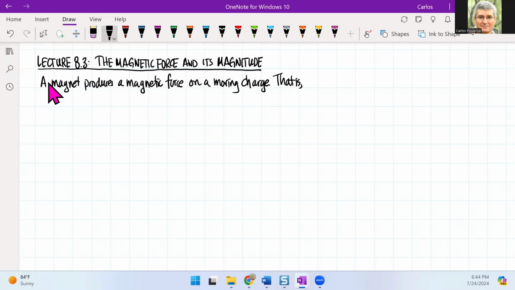That is, a moving charge produces its own magnetic field.